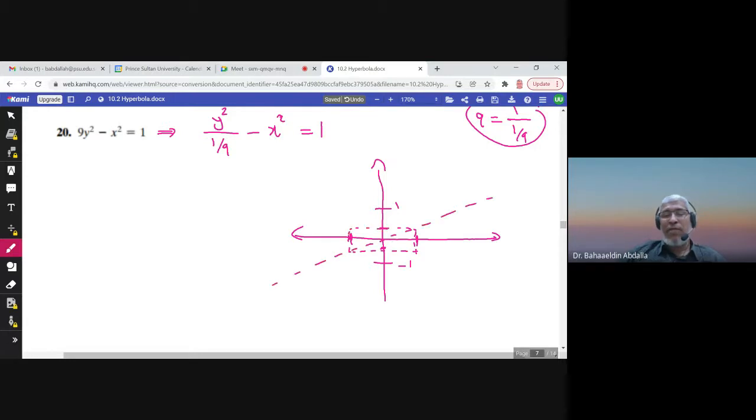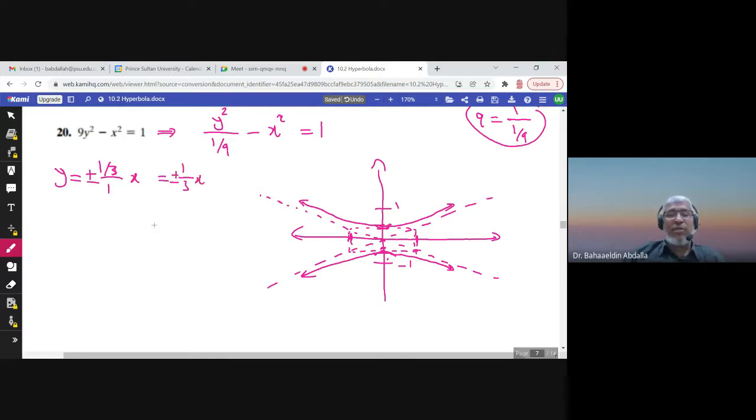The fundamental rectangle, the asymptotes. Where are the vertices? It's y squared, the vertices are here. So this is the graph of the hyperbola. Equations of asymptotes: now below y, I have 1 over 3 over 1, so it's y equals plus or minus 1 over 3 x.